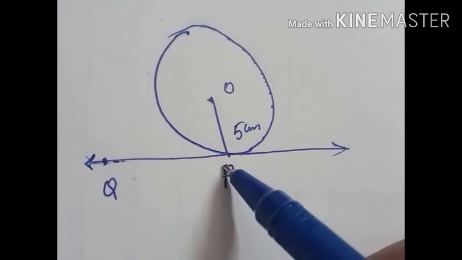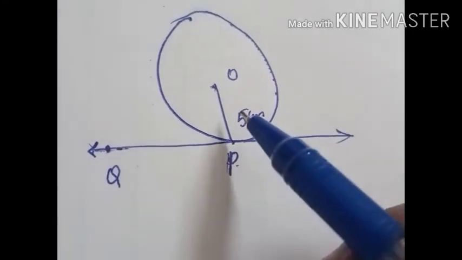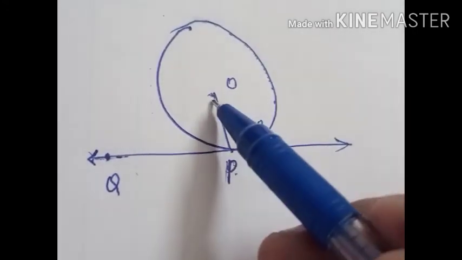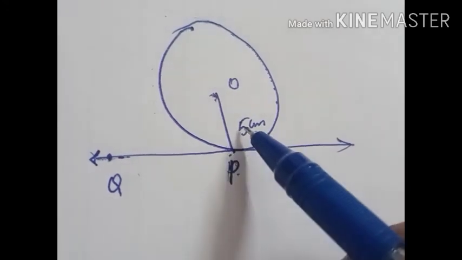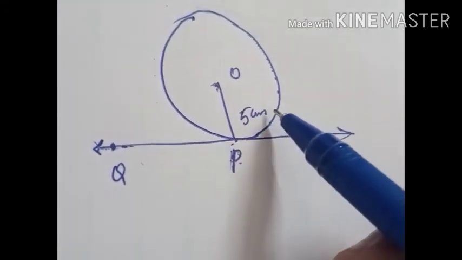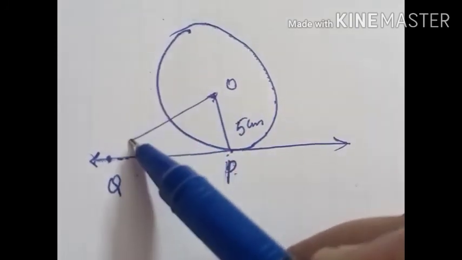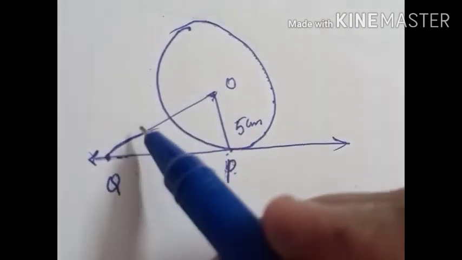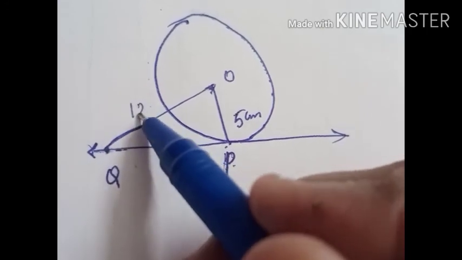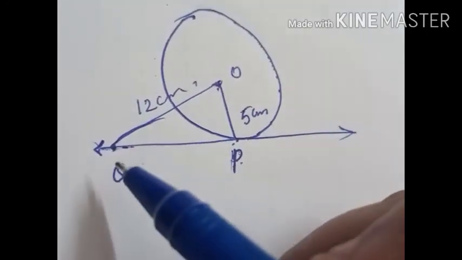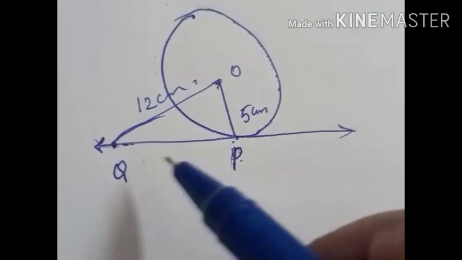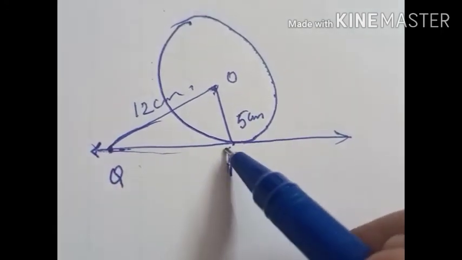The radius is given as 5 cm, so OP is the radius, 5 cm. The length OQ, from O to Q, is given as 12 centimeter. Then we have to find the length PQ.